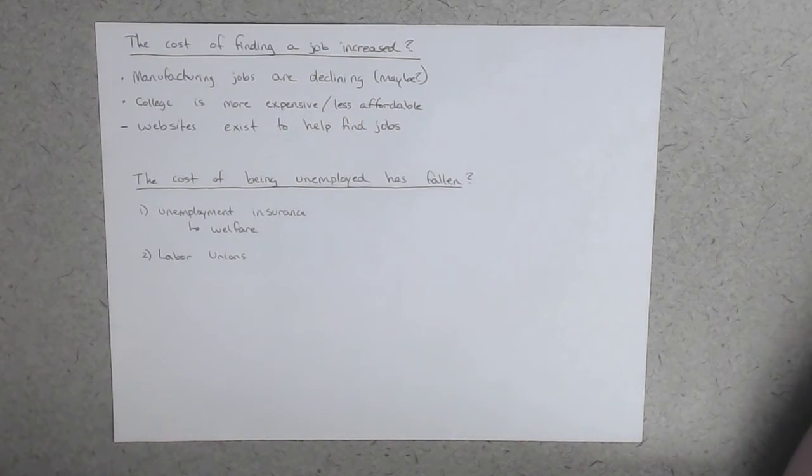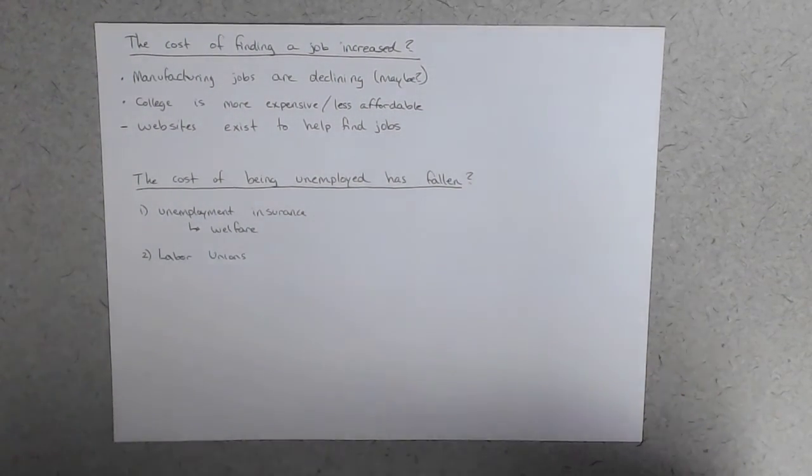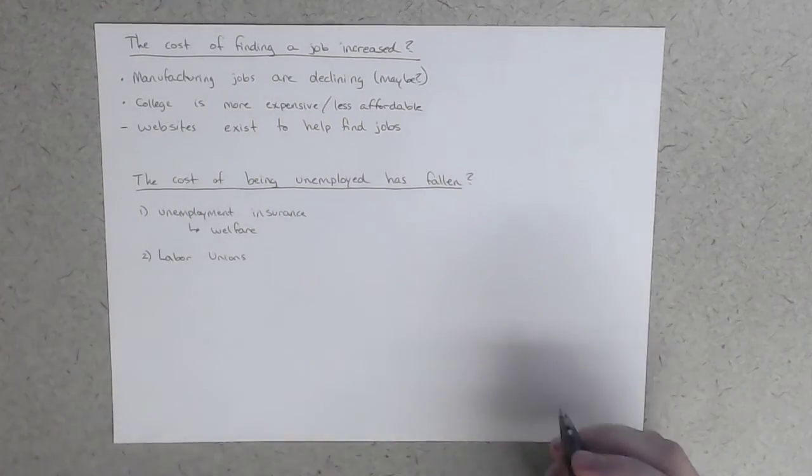Those are certainly benefits of labor unions. But one cost of a labor union is that it reduces the number of people who are able to apply for a job. So labor unions might actually make finding a job more costly.